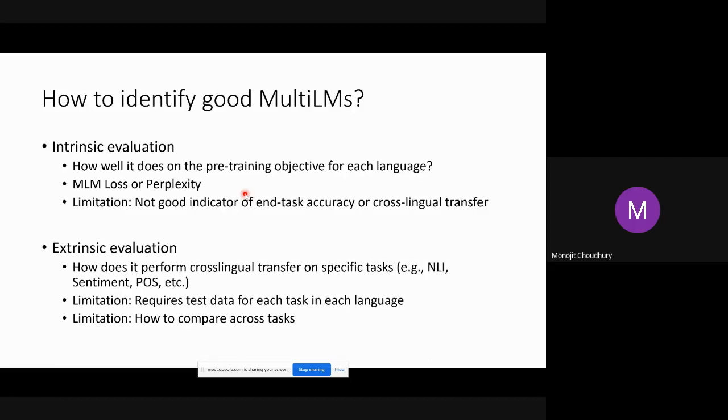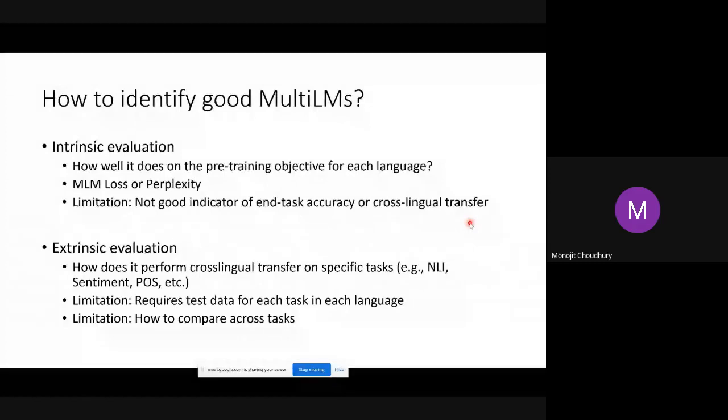Because at the end, what you want to optimize for is cross-lingual transfer for practical tasks that you want to solve. So MLM loss might be decreasing or perplexity might be decreasing, but that doesn't mean your accuracy over the end tasks or cross-lingual transfer accuracies would increase.